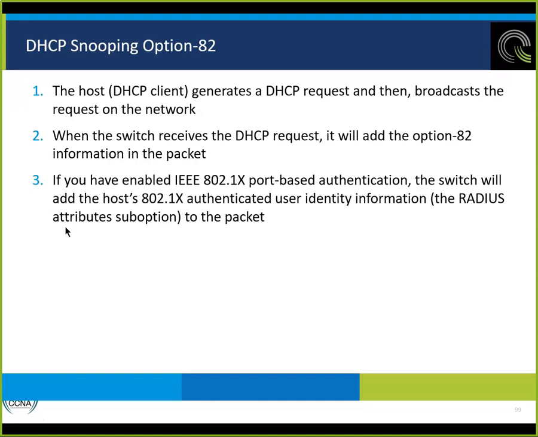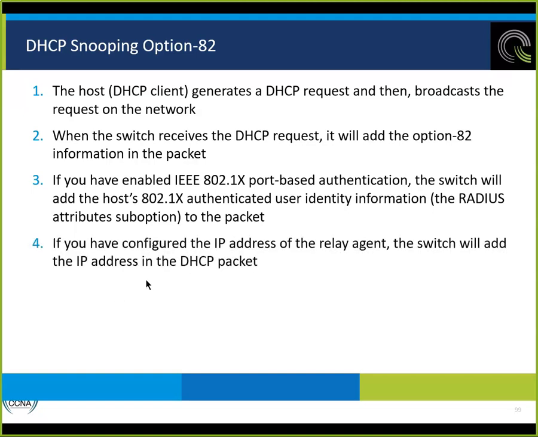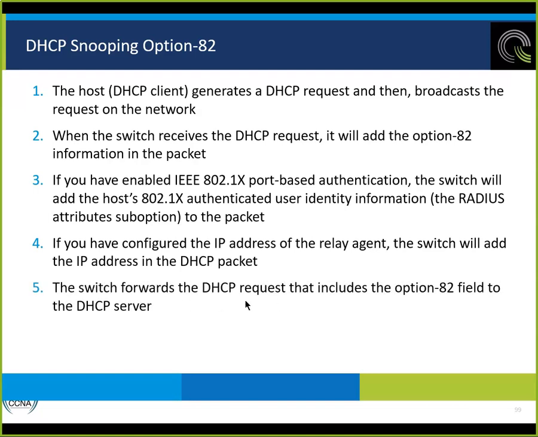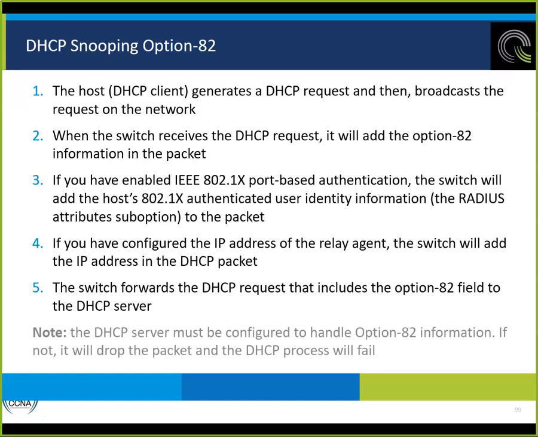The switch then adds the host's 802.1x authenticated user identity information, the RADIUS attributes, to the packet. And if we've configured the IP address of the relay agent, the switch will add that to the DHCP packet, and forwards the DHCP request that includes the option 82 field to the DHCP server, which is then going to send us an address back.